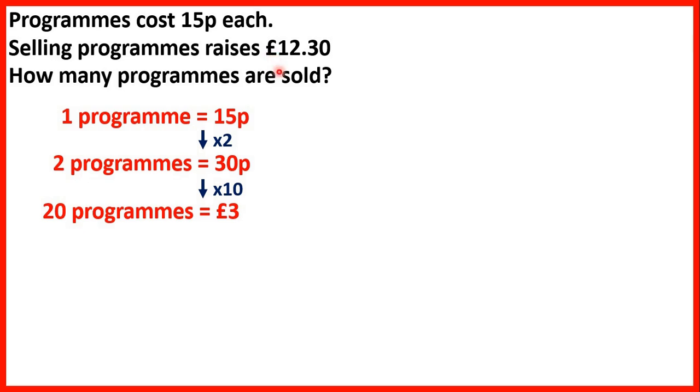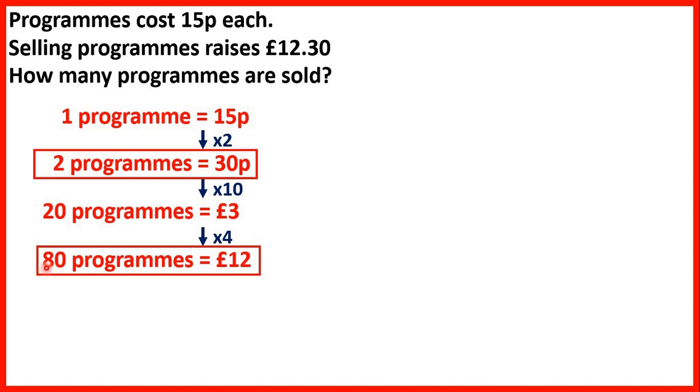Now we need to get to £12.30. And 3 times 4 is 12, so if we multiply by 4, we know that 80 programs must cost £12, because 20 times 4 is 80. So now, because we know that 80 programs cost £12 and 2 programs cost 30 pence, 82 programs must cost £12.30, so our answer is 82.